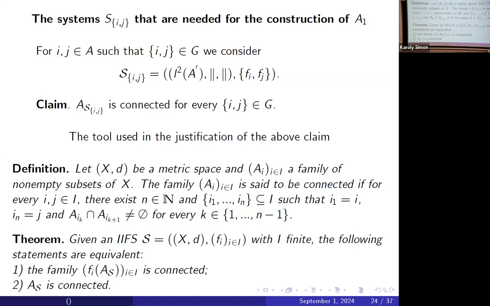And using this theorem, we can see that the attractor of such a system, which consists just of two contractions, Fi and Fj, with i and j such that the set consisting of i and j is in G, is connected.